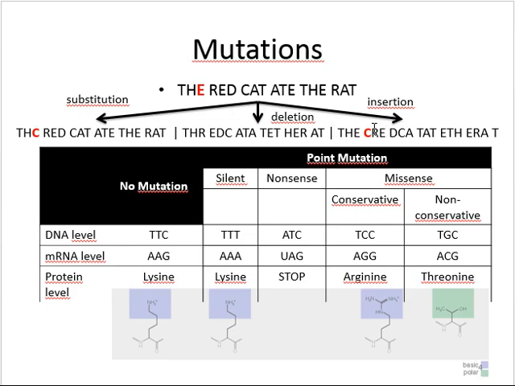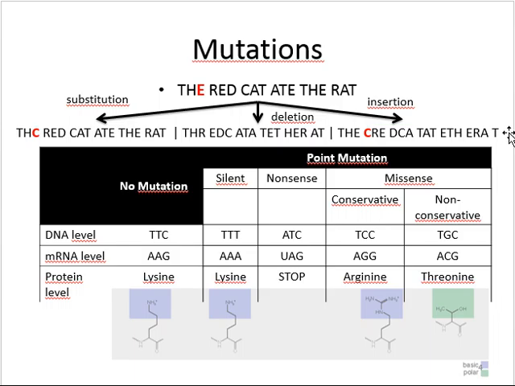The same as in the insertion. After the E, you have an insertion of a C that changes all the reading frame from then on. So these insertions and deletions, most of the time called indels, cause frame shift consequences in the protein.